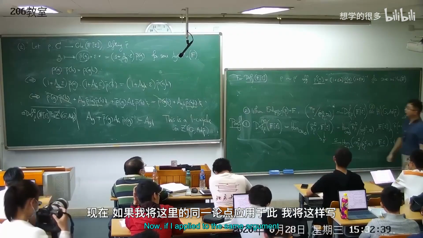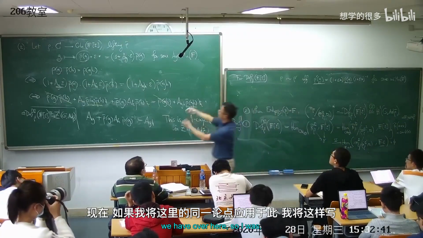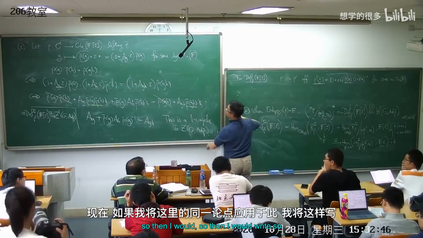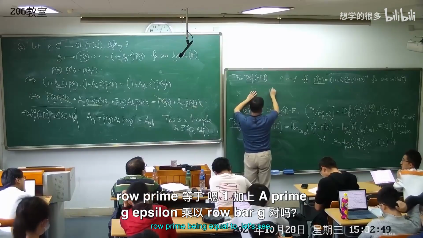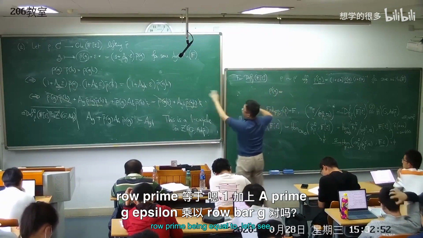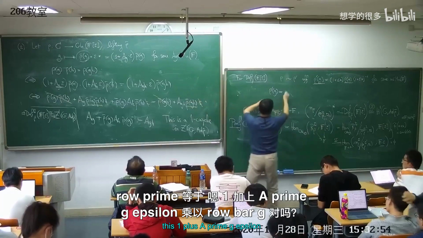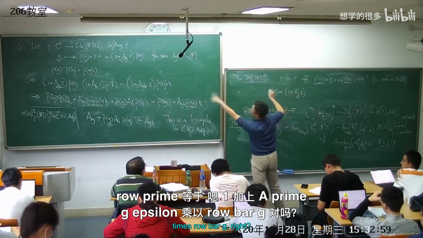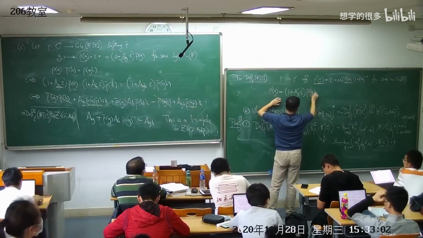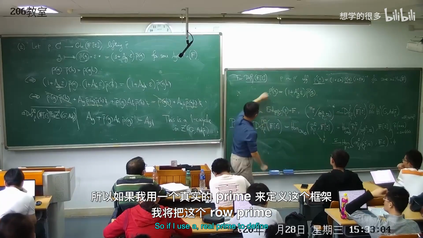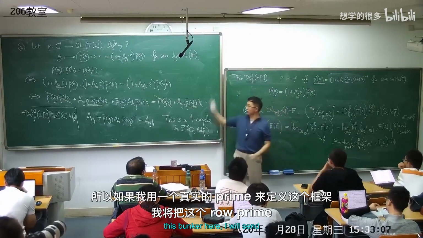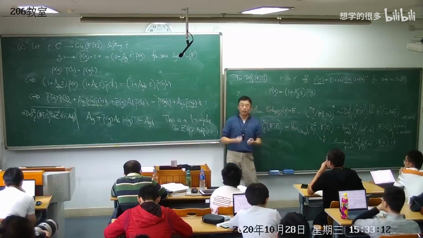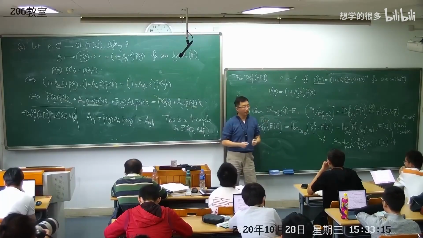Now, if I apply the same argument we have over here, I would write rho prime G being equal to 1 plus A prime G epsilon times rho bar G. If I use rho prime to define this functor here, I will send this rho prime to this A prime G. So I need to compare AG and A prime G.